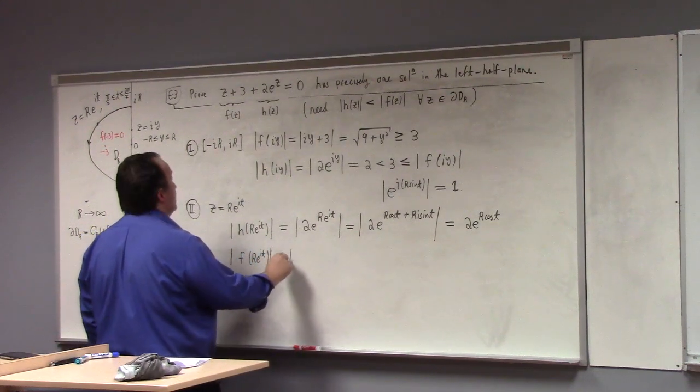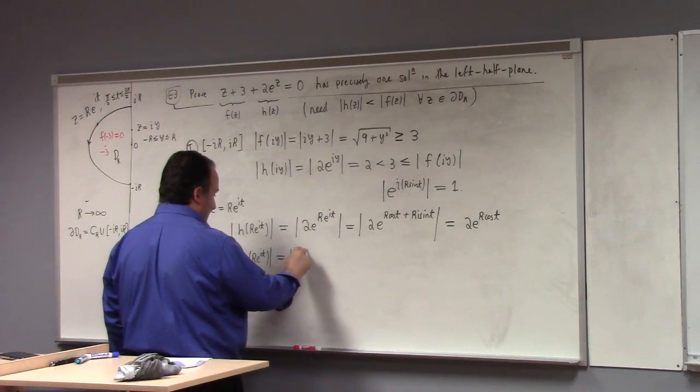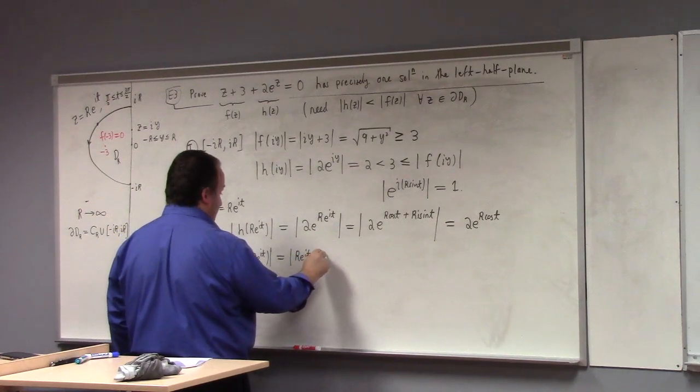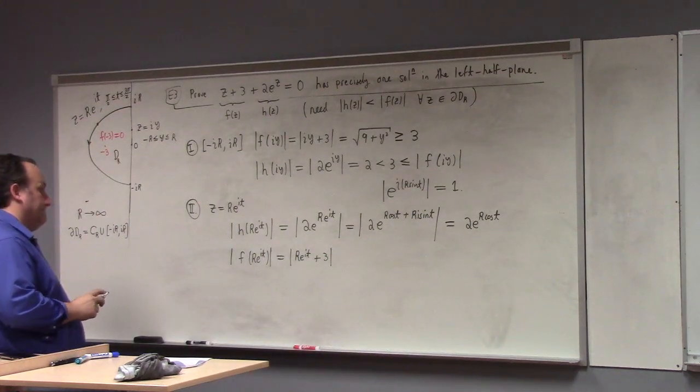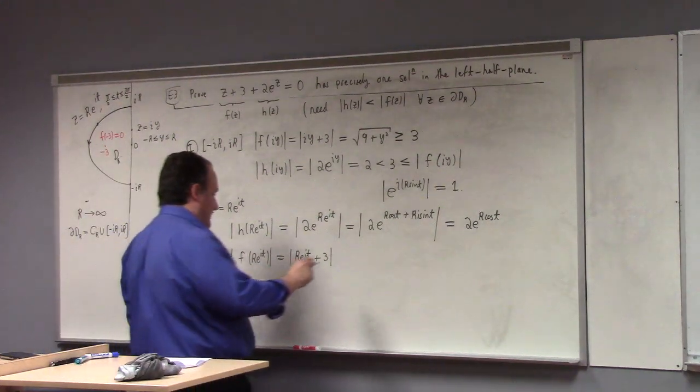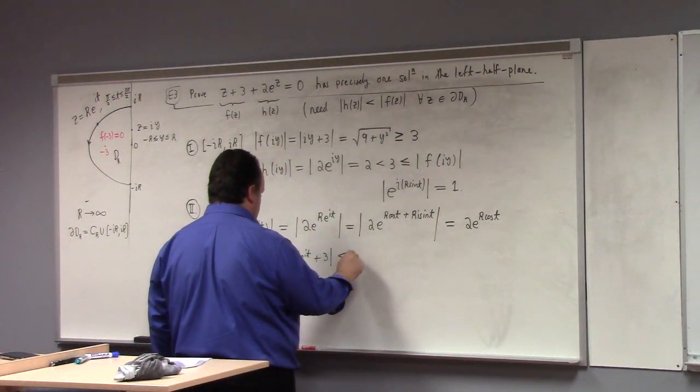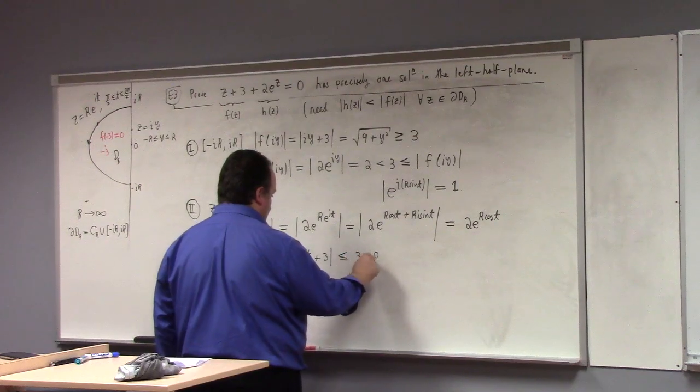So that's the modulus of r e to the it plus 3, right? Which is less than or equal to 3 plus r.